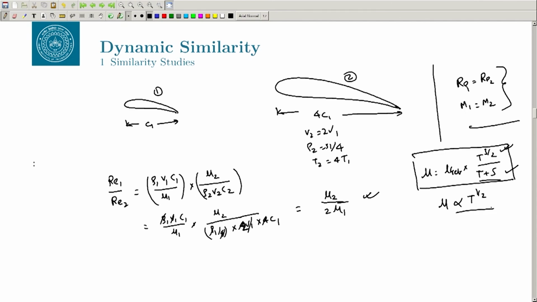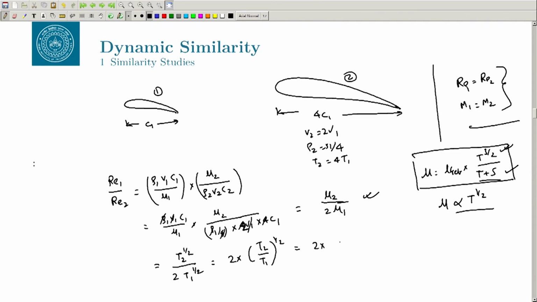So, mu 2 can be written as T to the power half, and some other factors which are constant for both, and T1 to the power half. So, this is T2 by T1 to the power half, and T2 by T1 is 4.